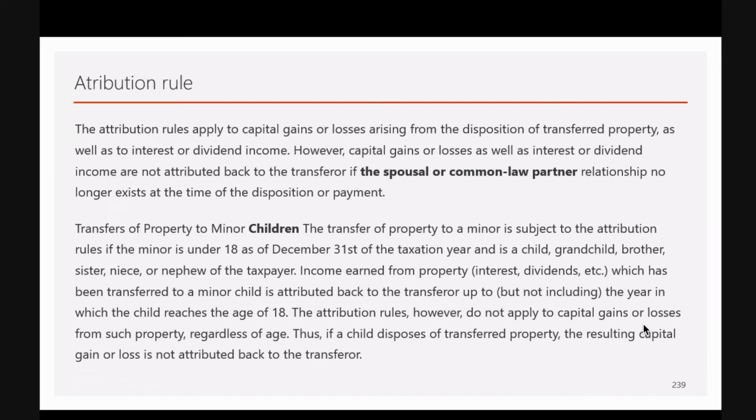Her parents are over 18, so it still does not apply. Anybody over 18 other than the spouse and the common law partner is not subject to the rule.